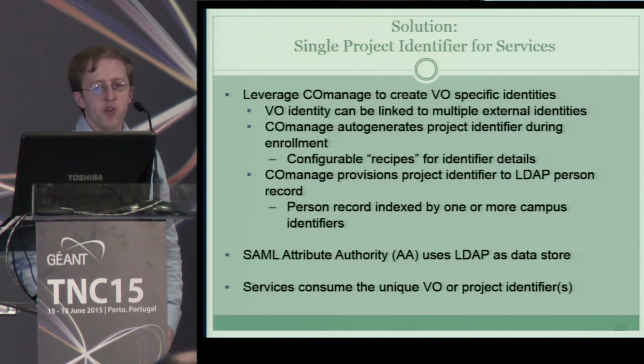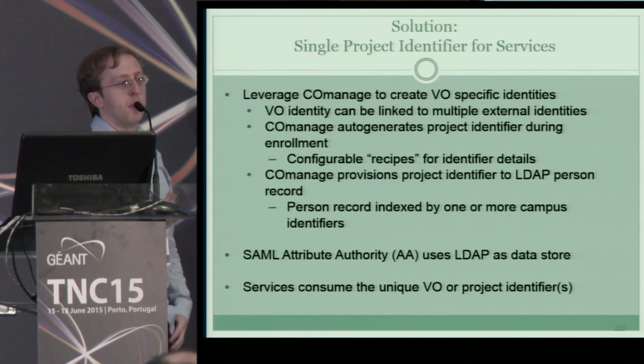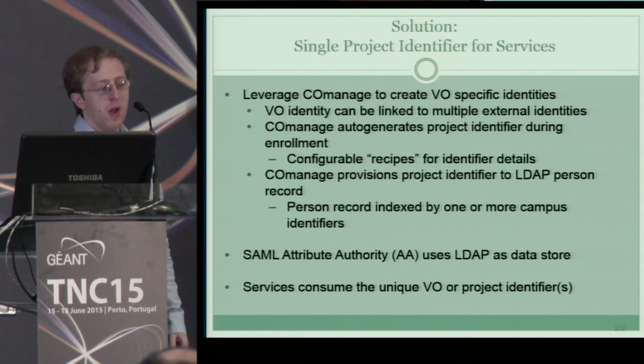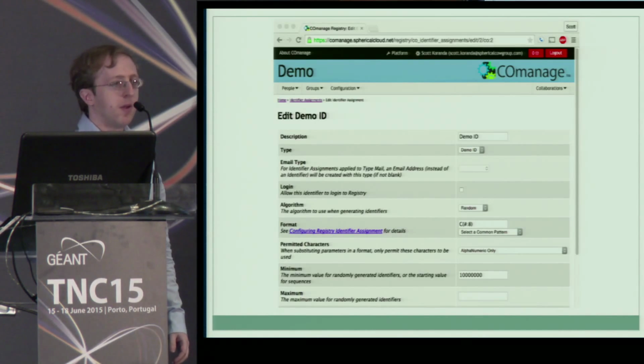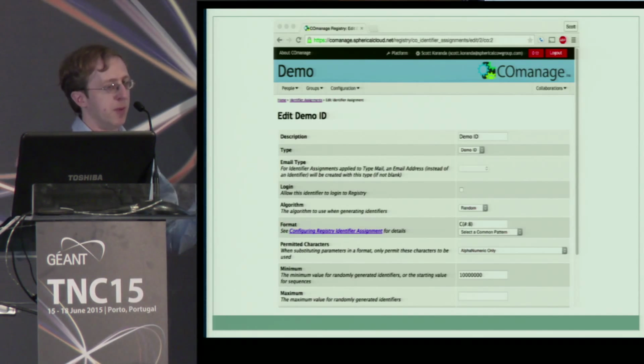In this case, we're using CoManage to create VO-specific identities. That's effectively the person's identity for the VO. We maintain a specific set of attributes for application access, et cetera. The applications don't use your EPPN, whichever one it may be.